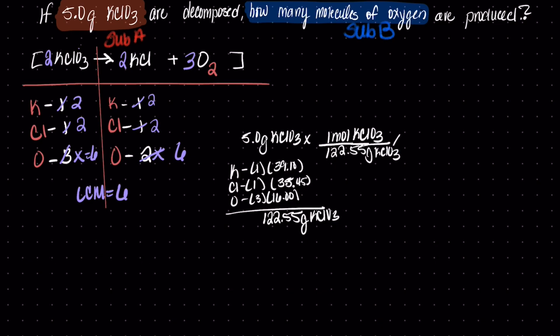Sitting in moles of A, now I can build my bridge. I'm asked for moles of oxygen coming from moles KClO3. Now I'm sitting in moles of B, but I'm asked for molecules of B. So same thing here, we're going to introduce that Avogadro's number over 1 mole of that.